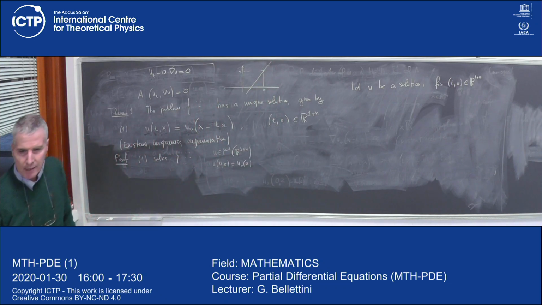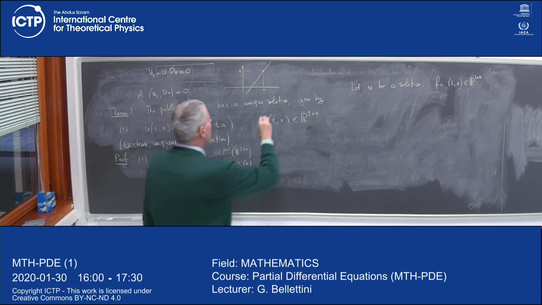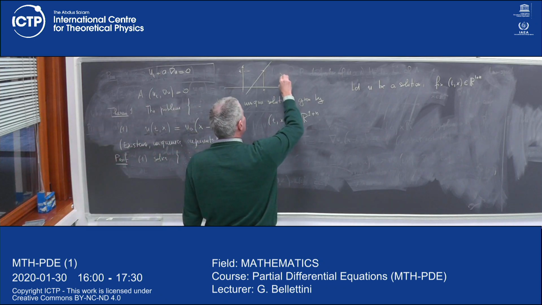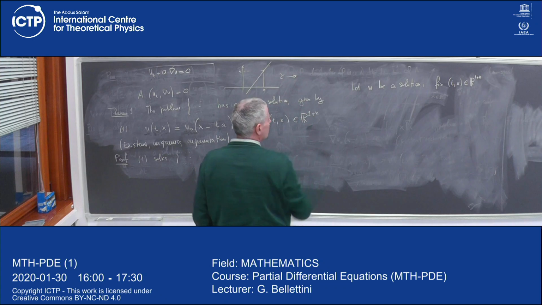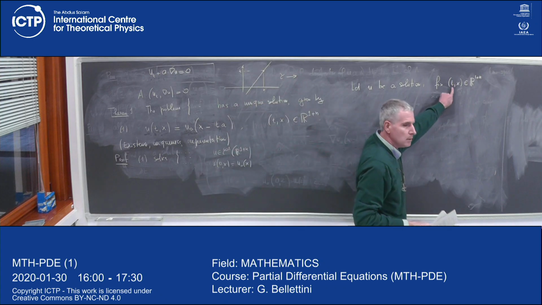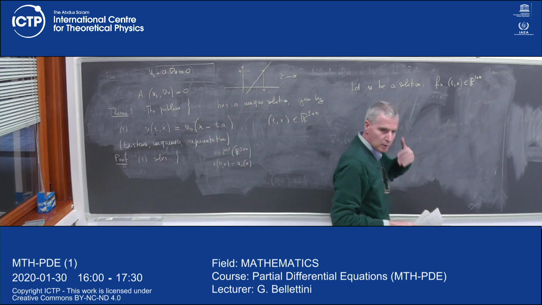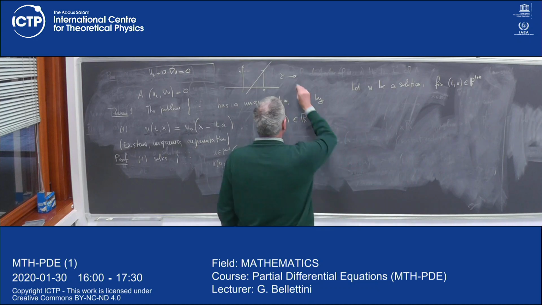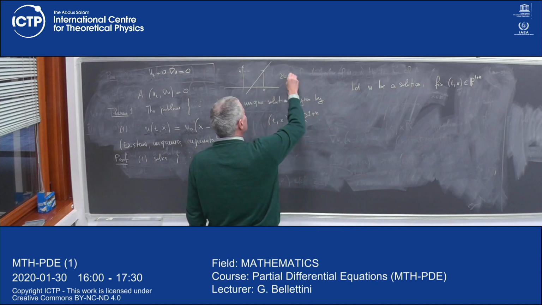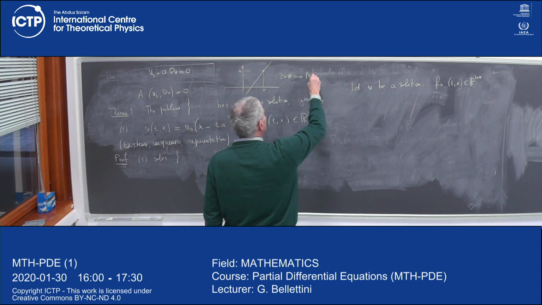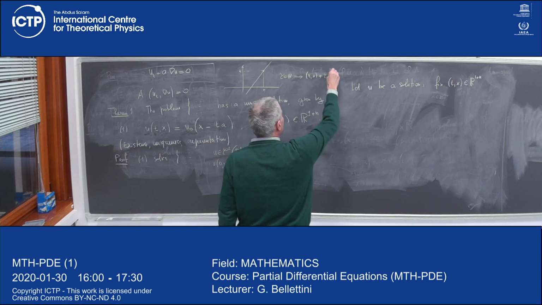This line I can parameterize with a parameter, which I cannot call t because t has been fixed before. So let me use another symbol: tau in R goes into (t,x) plus tau A.